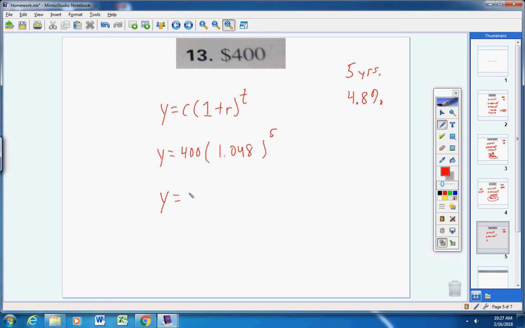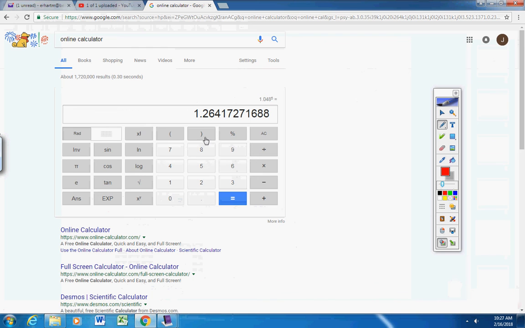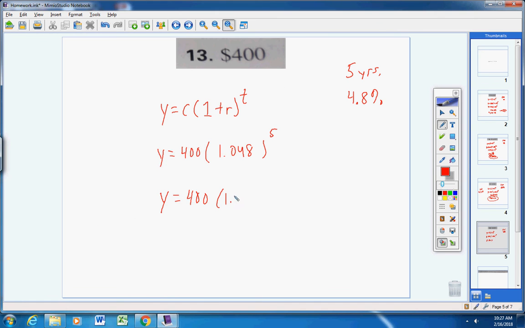And students, we already learned this from the last problem. If you take 1.048 to the fifth power, you're going to get 1.2642. Students, multiply those two numbers together, and you will have a balance of $505.67. Okay?